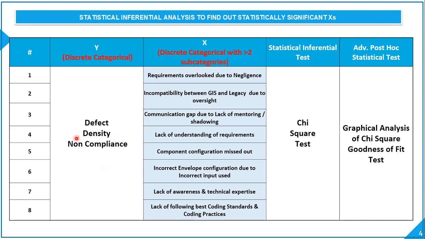So for defect density non-compliance, we have 8 different categorical Xs, meaning causes, and it is just a coincidence that we have 8 causes, the way we had 8 causes in our previous project, PT non-compliance, under strategy number 1.